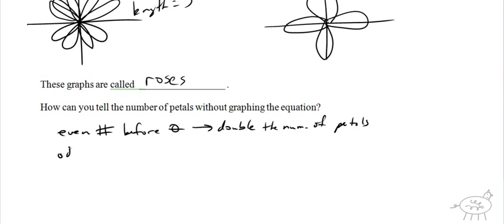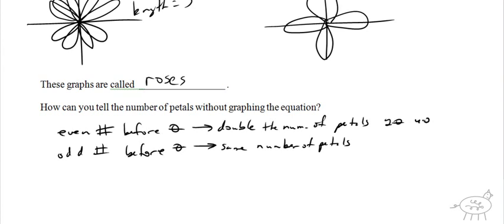If it's an odd number before theta, then it's just the same number of petals. So even numbers would be like 2 theta, 4 theta, 6 theta, etc. And odd would be 3 theta, 5 theta, 7 theta.